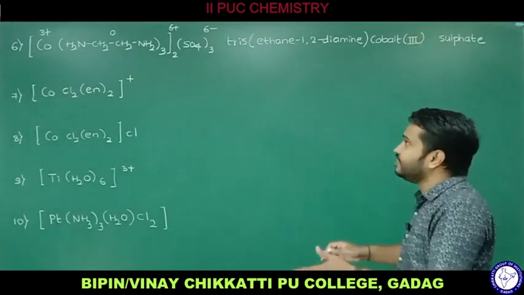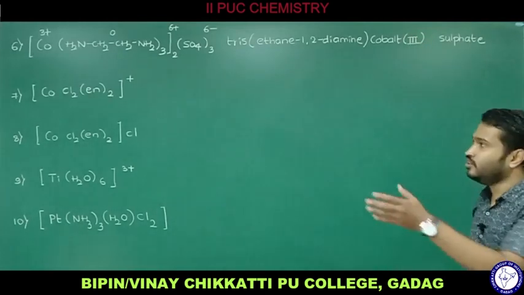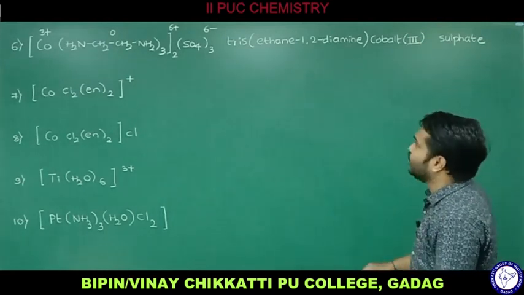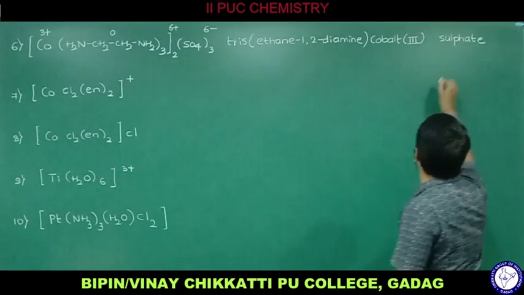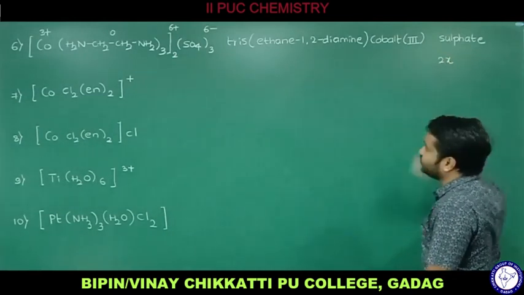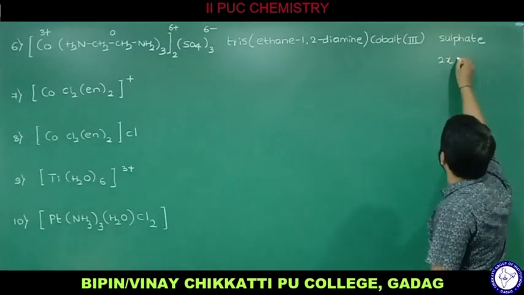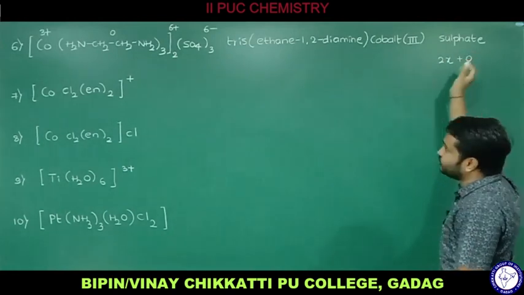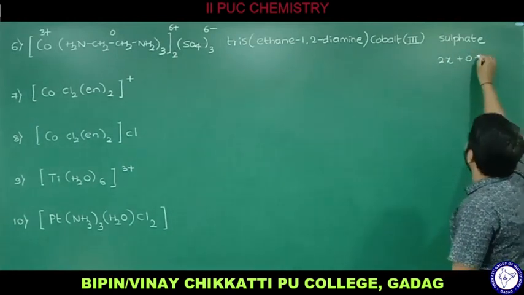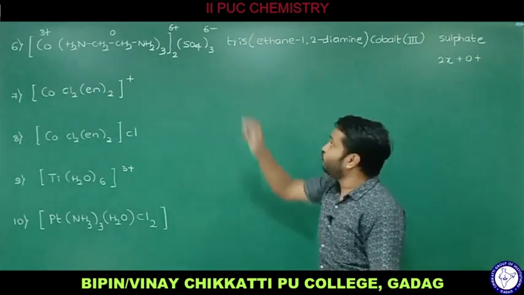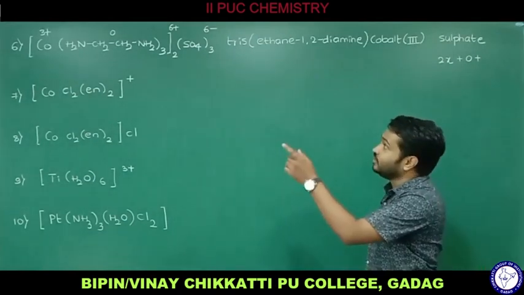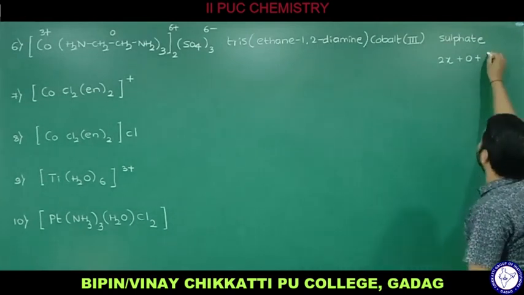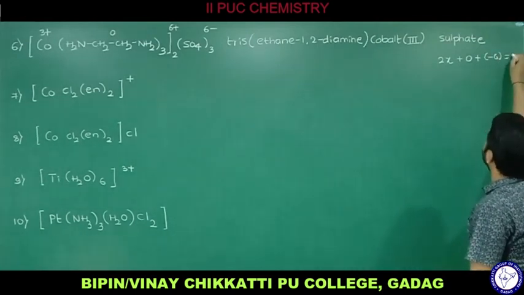If you didn't get that, follow the actual method, a very simple rule to calculate the oxidation number. Cobalt we have 2. We are interested in cobalt, therefore I write 2x. And ethane 1,2-diamine is neutral. Totally we have 6, 6 into 0, 0. Then plus what we have? SO4. The oxidation state of SO4 will be 2 minus, and totally 3 we have, therefore minus 6 equals 0.